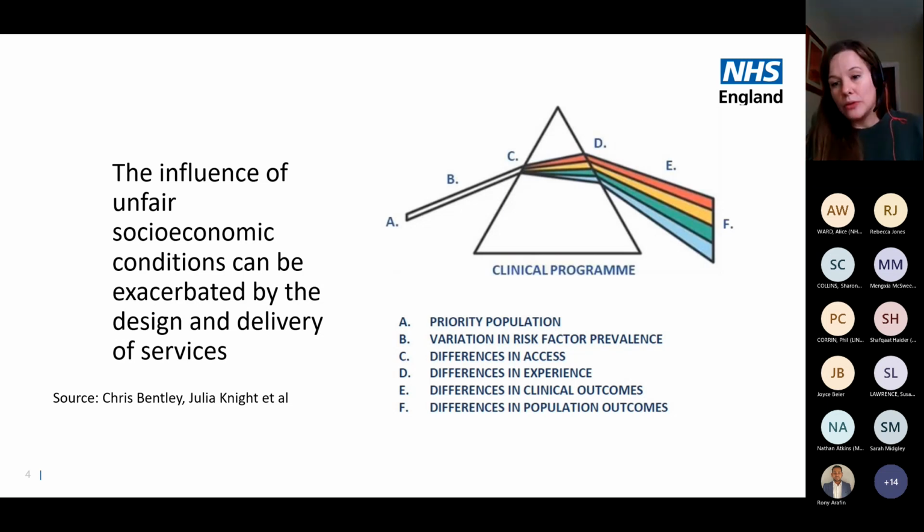This can tell us about any unmet need within our populations and how that demand is being driven by the different patient groups who may be accessing and experiencing our services very differently, leading to different clinical outcomes for different groups, and also how this is translating into high level population outcomes such as premature mortality and healthy life expectancy.